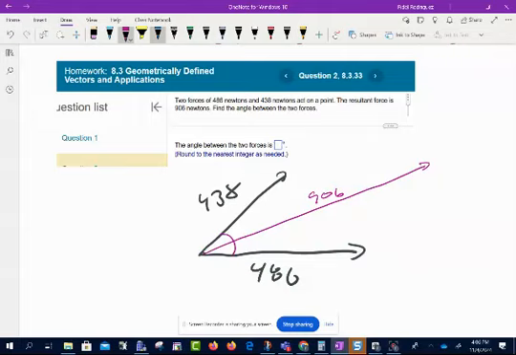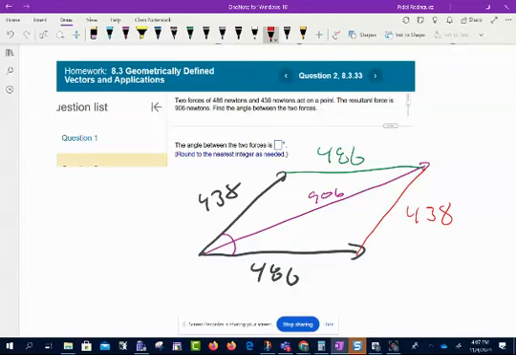So, y'all, what I'm going to do here, I'm going to sort of draw a couple of things. Y'all, we can make a parallelogram. I can draw this side right here, and that side, my friends, would also be 486. And we can draw another one right here, and this side, y'all, would also be 438. Okay, so, y'all, a couple of things we want to do here.